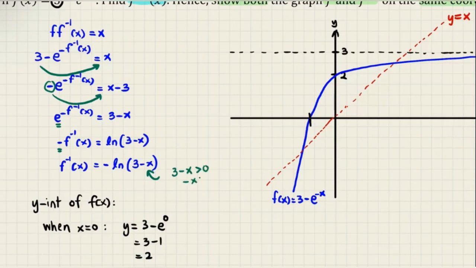So negative x will be greater than negative 3 and x will be less than 3. Okay. This is actually the way for me to get the domain of f inverse.